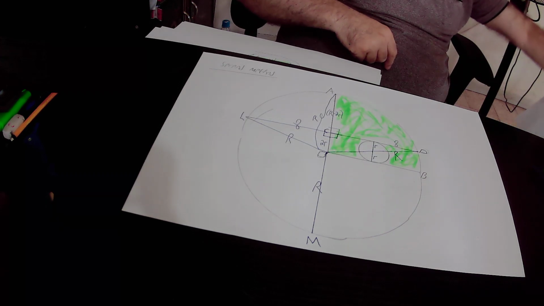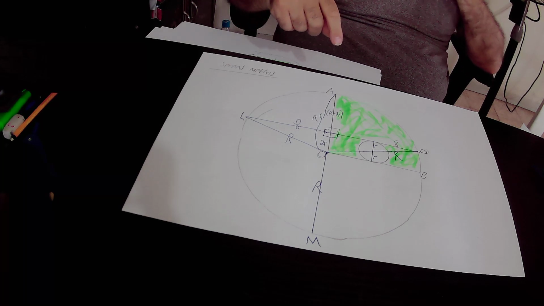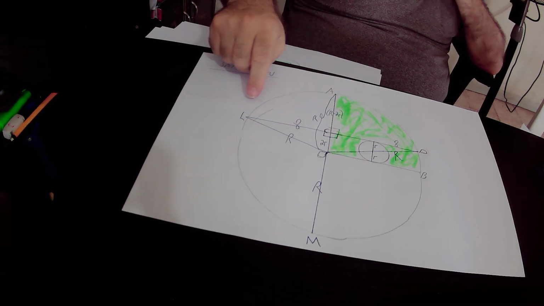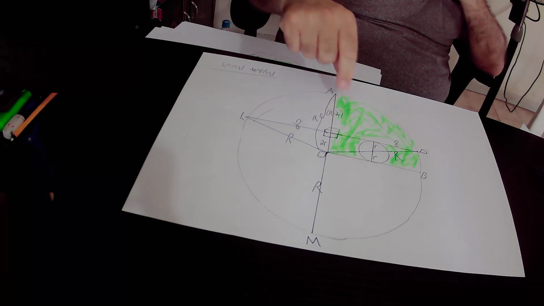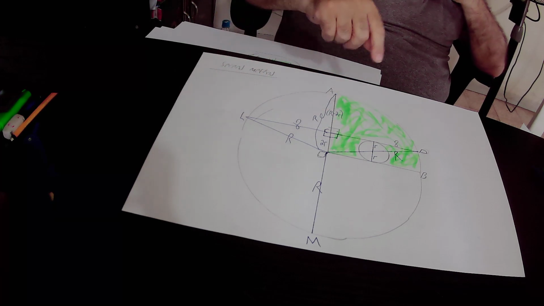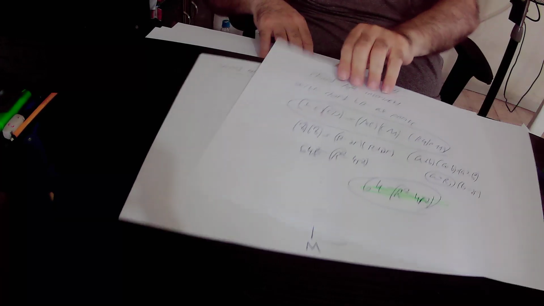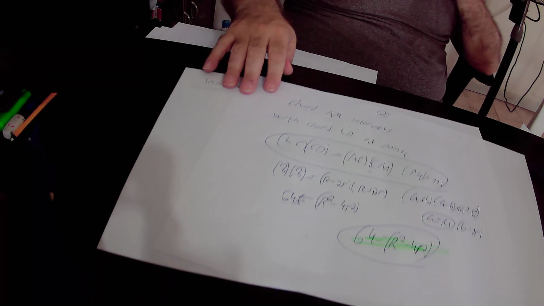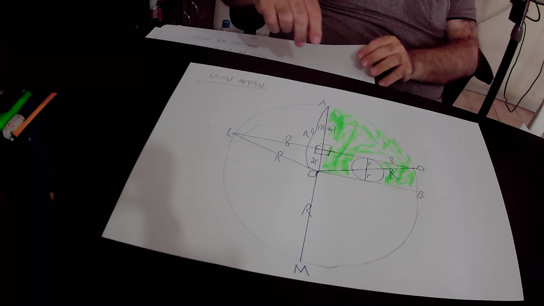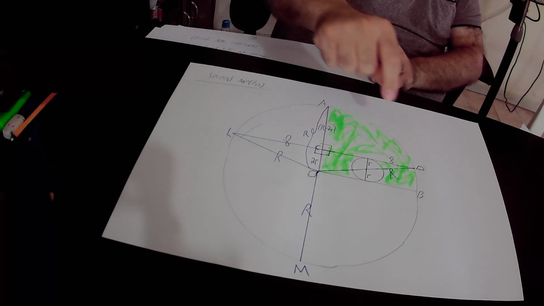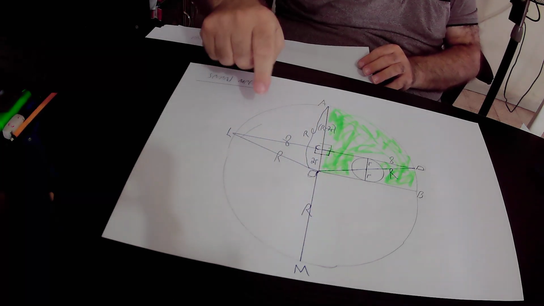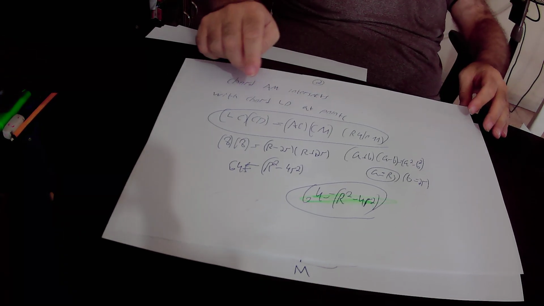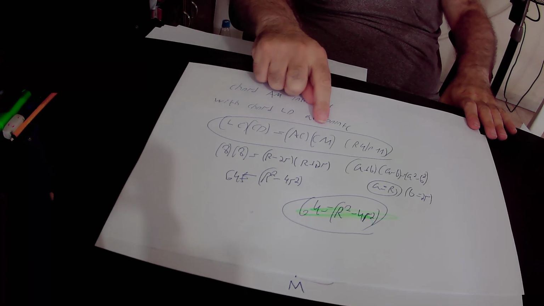Because in our drawing we have chord AM that intersects with chord LD at point C. Therefore, according to rule number 11, we get that LC times CD equals AC times CM. Again, LC times CD equals AC times CM.